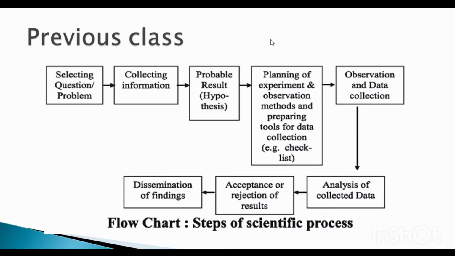According to your plan, what types of things or work you want to do, according to that, you have to make a plan. And if your plan and method are successful, you can easily do your next step properly.